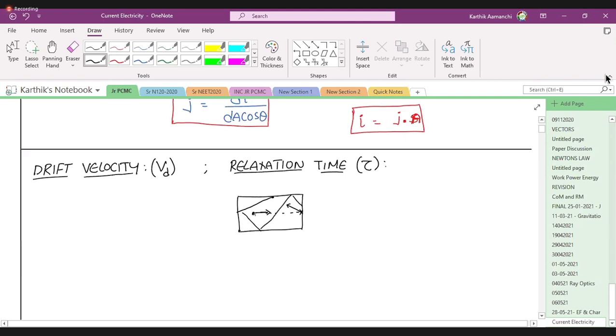When the electron goes like this, attains some velocity, and hits, the time taken between two successive collisions is called your relaxation time. And since this electron is going with some speed and hitting the surfaces, this is called your drift velocity. Clear?